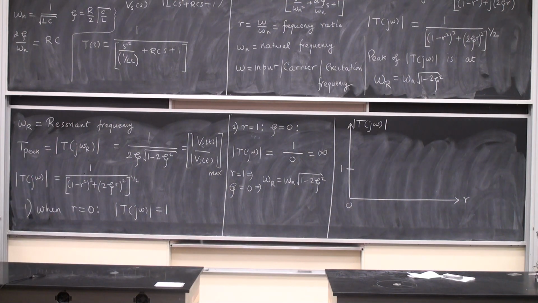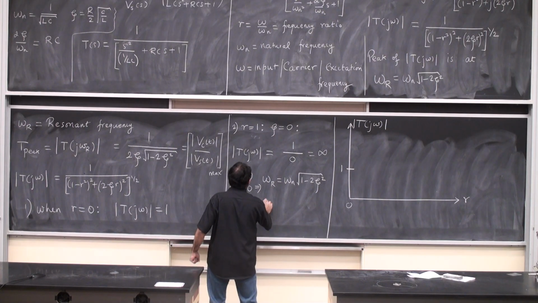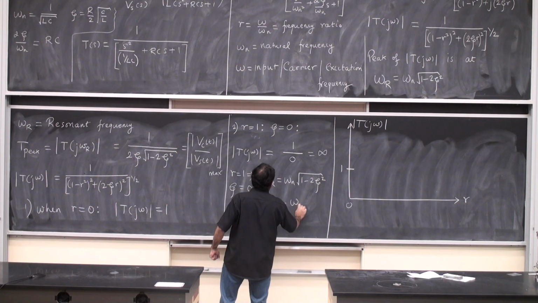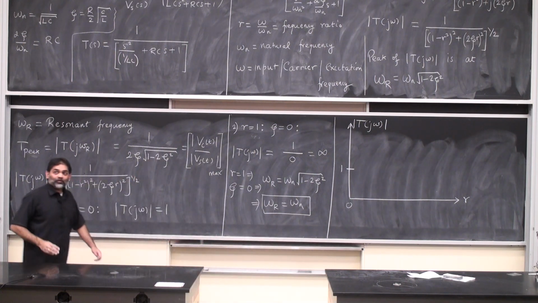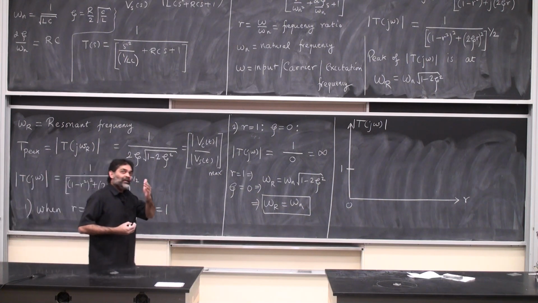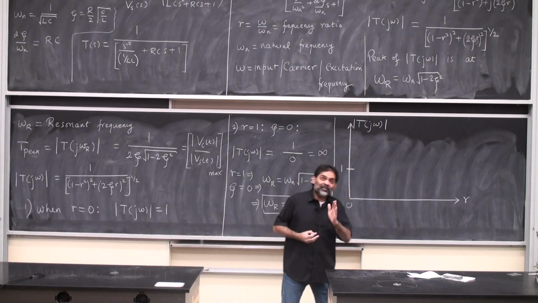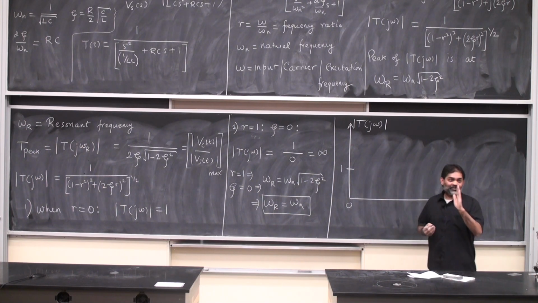Omega R becomes equal to the natural frequency of the system. And this behavior is called resonance. Right? At this particular point, I'm saying, hey, don't put any damping, but then take the input frequency, bring it to the natural frequency of the system. What am I going to get? A disaster in the making.